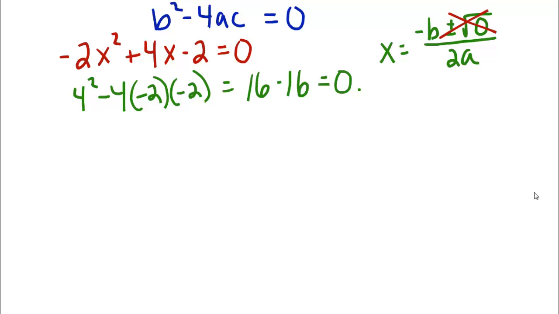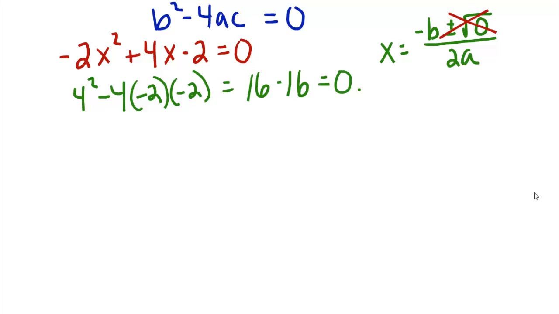That should sound familiar. That's the x-coordinate of our vertex. If we're in standard form, that was one of the methods to find the vertex. So wait a second. You're telling me that if the discriminant is 0, then the solution to that quadratic equation is really the vertex? Well, yes, that would mean that the vertex is also representing a 0 of that function.